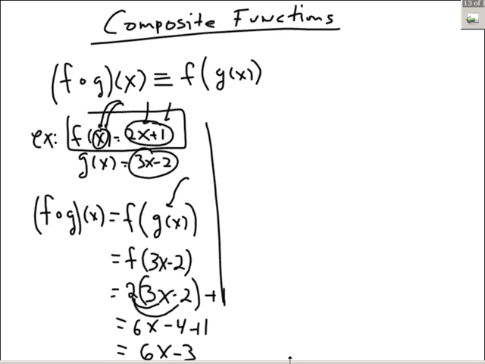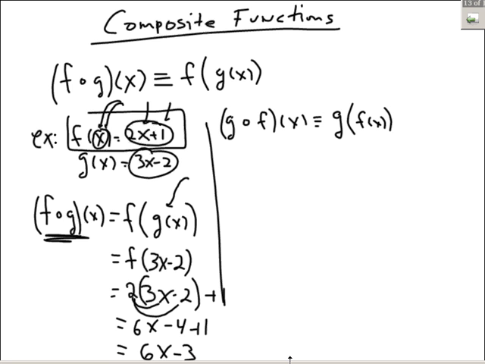Of course, there's no reason why you can't do it the other way. For obvious reasons, this is called the FOG function, and this other function is called the GOF function. If somebody asks you what this is, by definition, it means g of f of x.